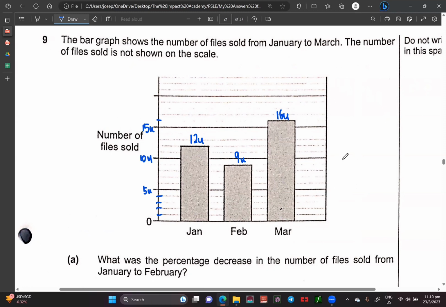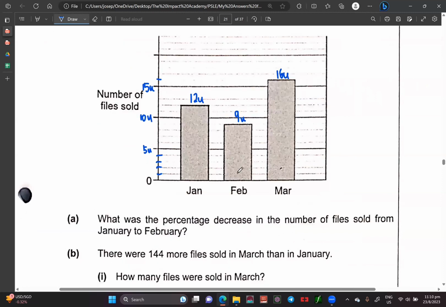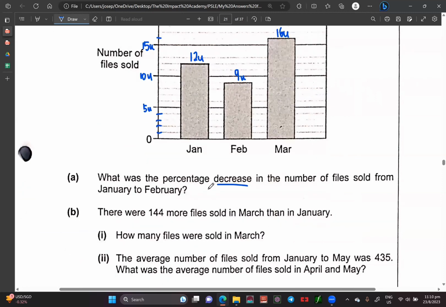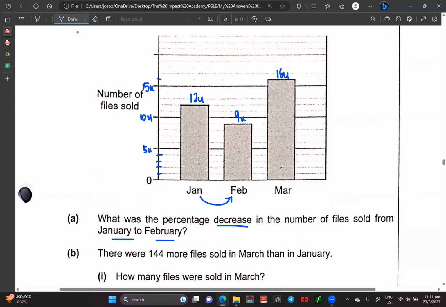Now, the question wants us to find the percentage decrease in the number of files sold from January to February. So whenever you solve a percentage decrease question, you have to know that it is decrease over the original times 100. So what is the decrease? The decrease is basically 12 minus 9 over the original. The original is definitely January, it's always the earlier month.